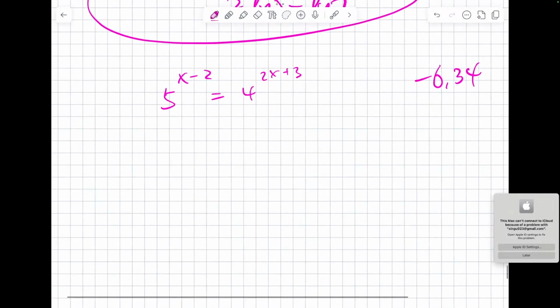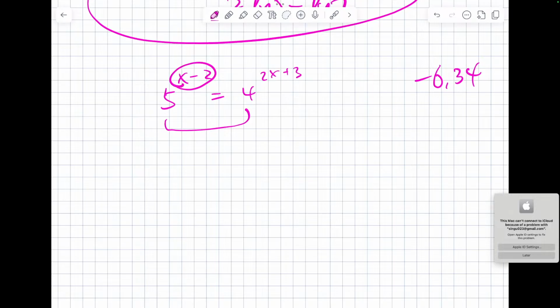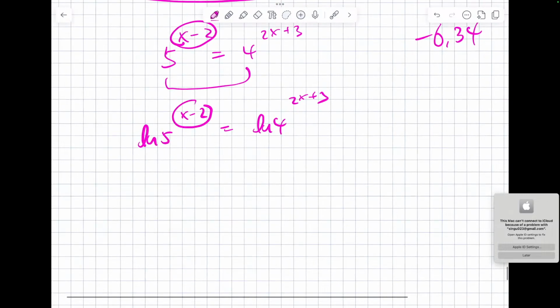So here's what we're going to do. They don't have a common base, so the only way to bring the power down is to bring the natural log to both sides. So I'm going to do this, and this is natural log of 4, 2x plus 3. And now the x minus 2 comes to the front.